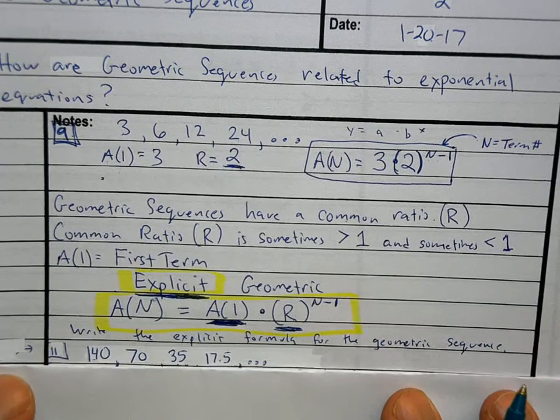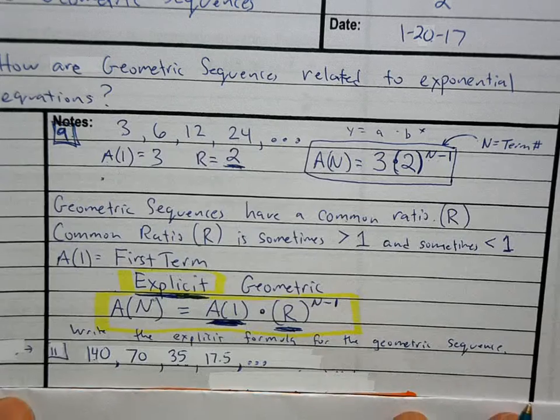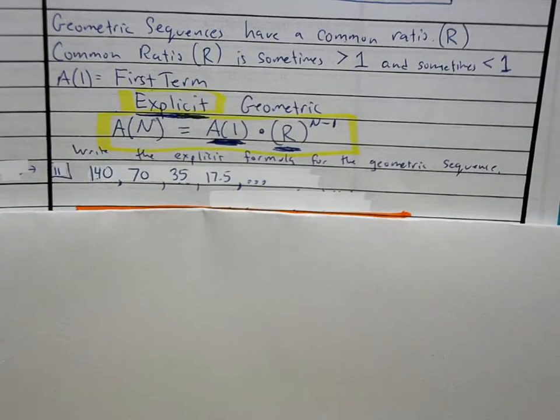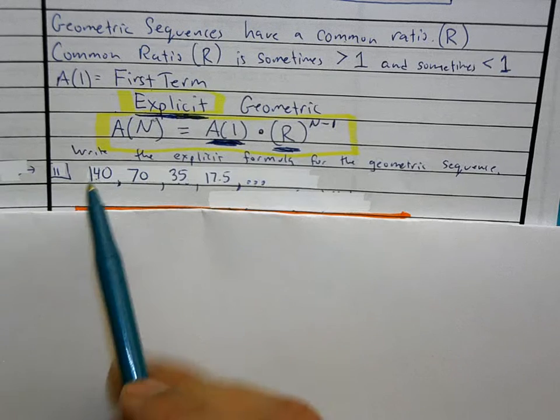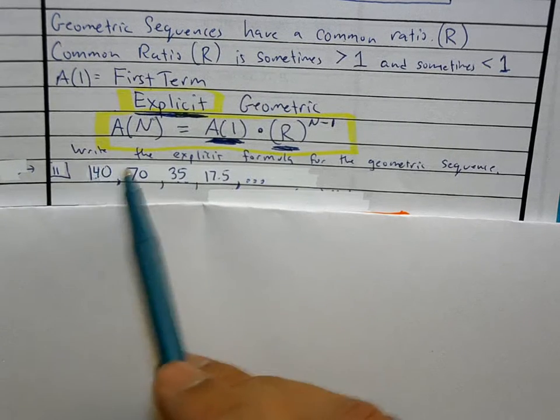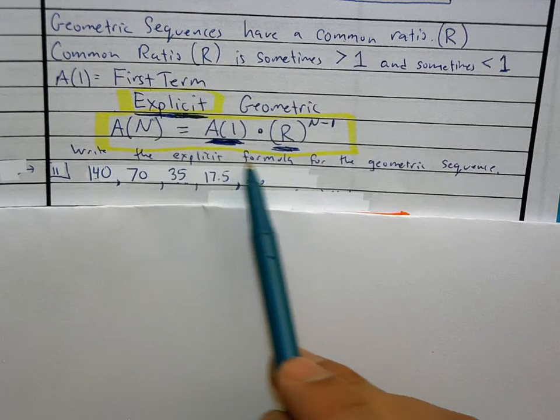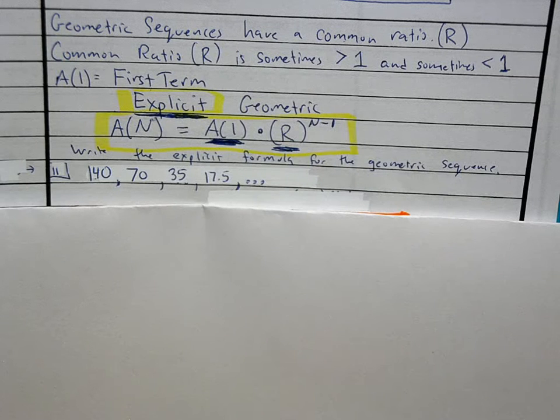Let's look at number 11. Let's try an example and see if you understand. The directions for number 11 say, write the explicit formula for the geometric sequence.